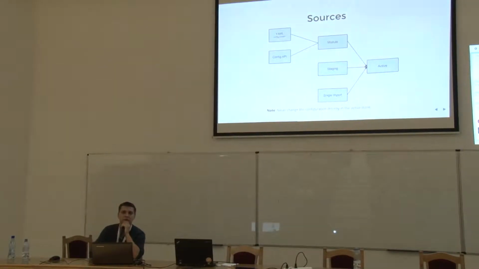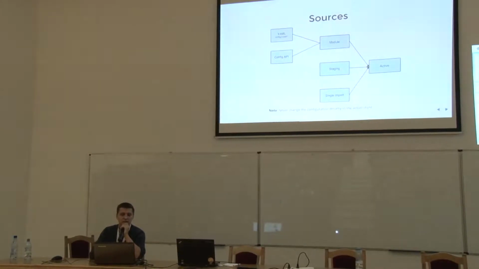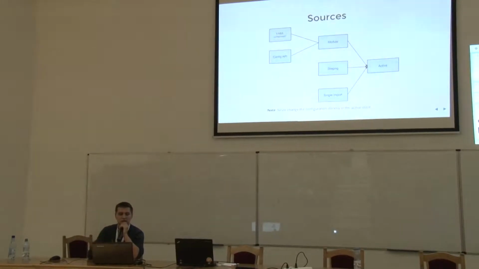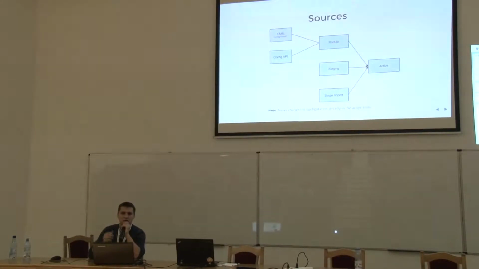A module can implement its own configuration having YAML files under its config/install directory, and it can also implement the config API, which means you can implement a configuration form. So you have the UI to save the configuration, and that will directly add it to the active storage.